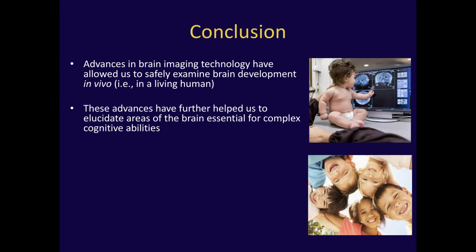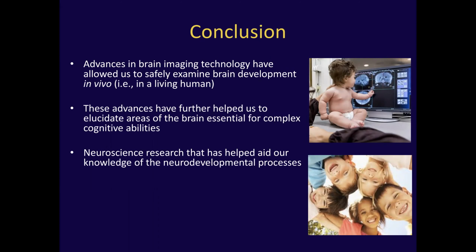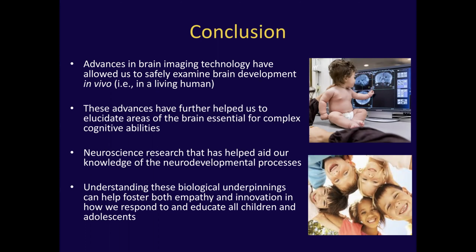And that was shown in the discussion of the various conditions. Neuroscience research has really helped aid our understanding of neurodevelopmental processes and disease. The attempt here was to increase understanding of biological underpinnings, to hopefully foster empathy and innovation in how we respond and educate children and adolescents.